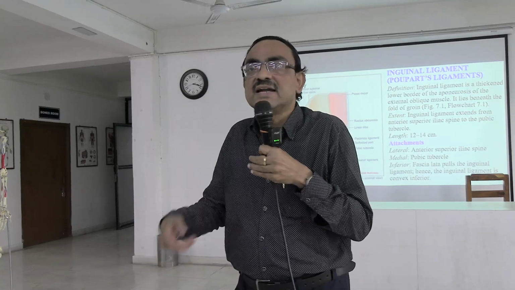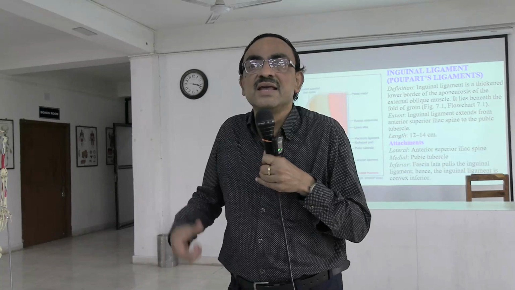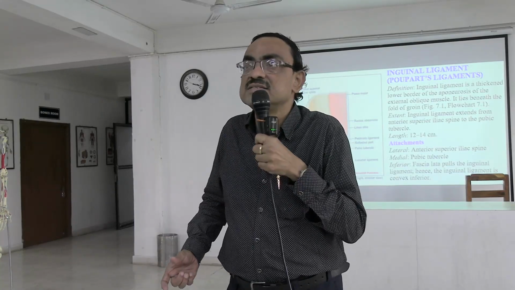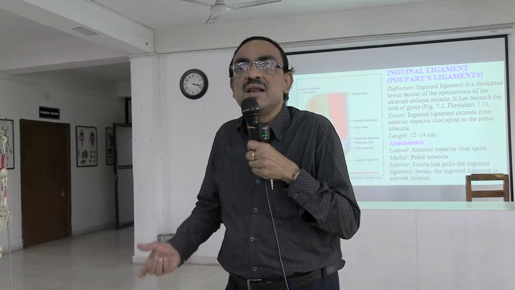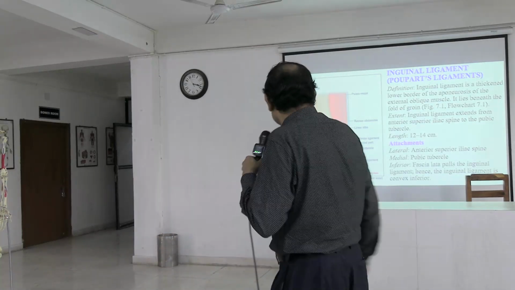And definitely that canal is not empty, that canal contains something. In case of male, it contains the spermatic cord, and in female, it is the round ligament of the uterus.